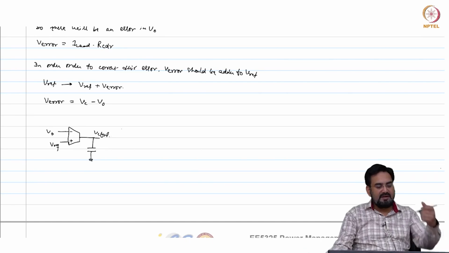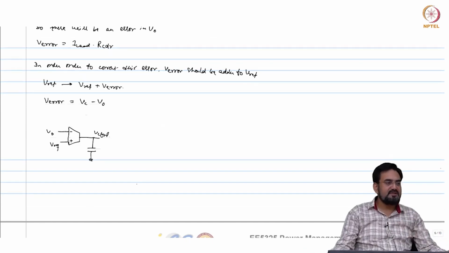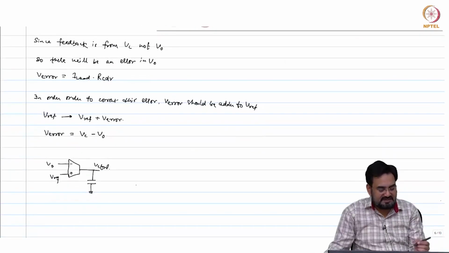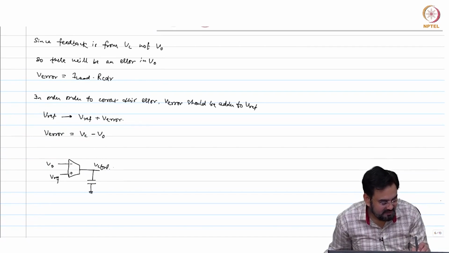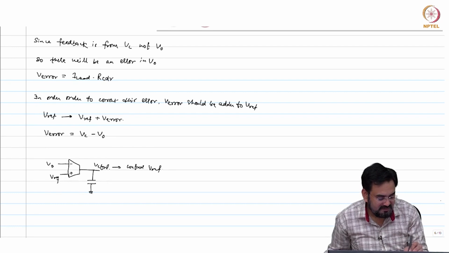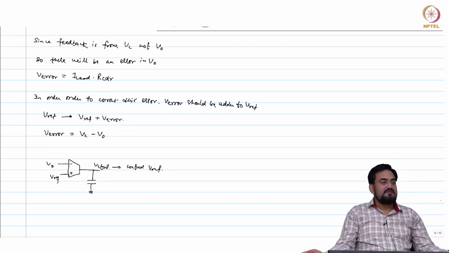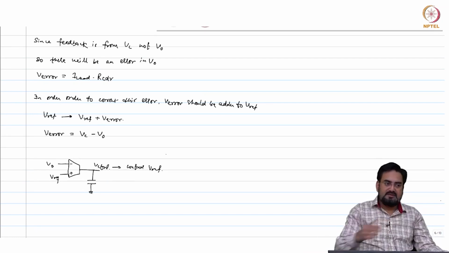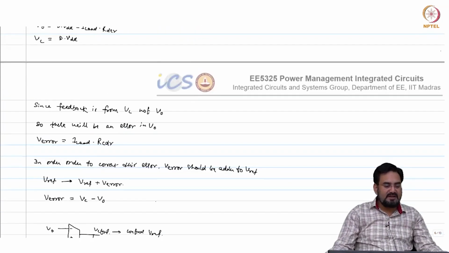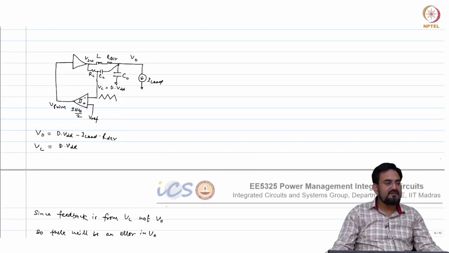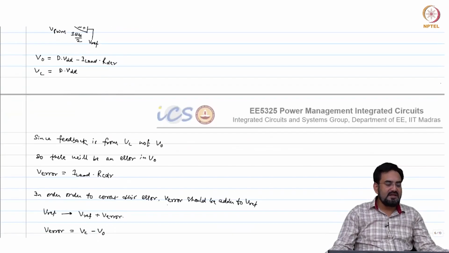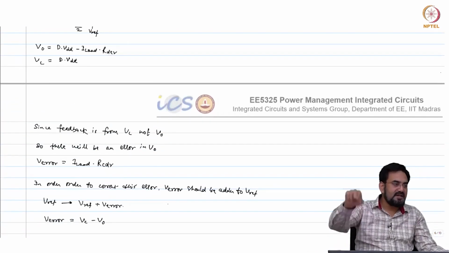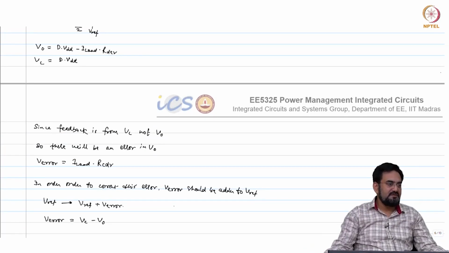So, you have another voltage feedback which is very slow, and this VCTRL controls Vref. Vref means whatever extra component you want to add. So, this integrator will always force your Vref in such a way that your output is regulated to Vref.